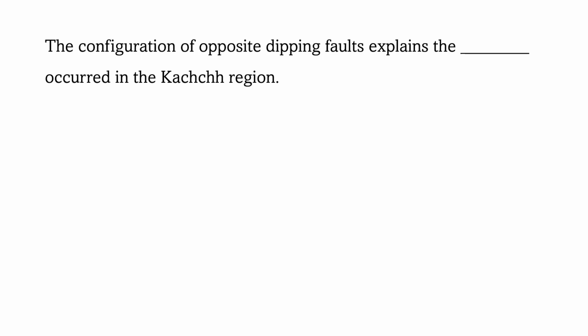The configuration of opposite dipping faults explains the dash which occurred in the Kutch region. I'm not sure if Professor Malik has explained it in his lectures, or if it is explained in the earthquakes part, but if any one of you know, you can give me an answer.